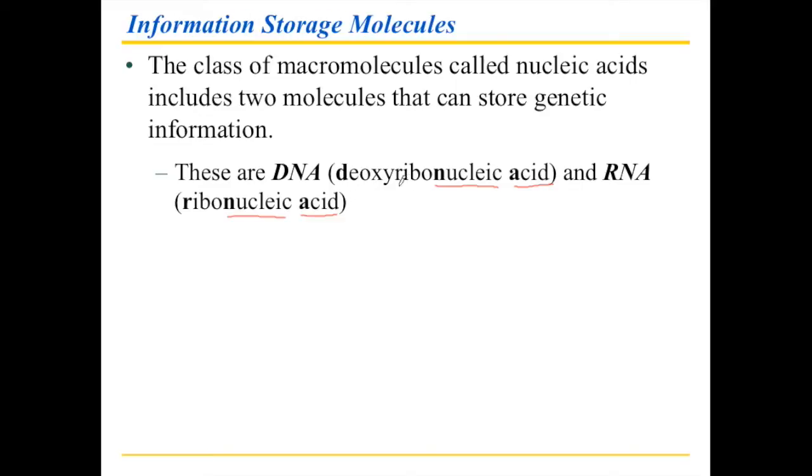Secondly, the phrase ribo in both of these cases actually refers to something called a ribose sugar. So both of these have a ribose sugar of some sort as part of it. And if you look at DNA, this particular ribose sugar is deoxy.